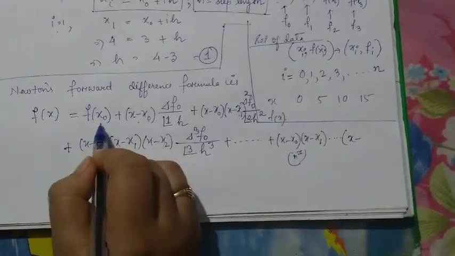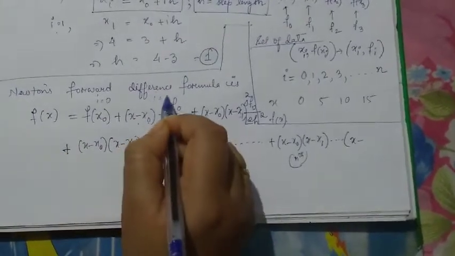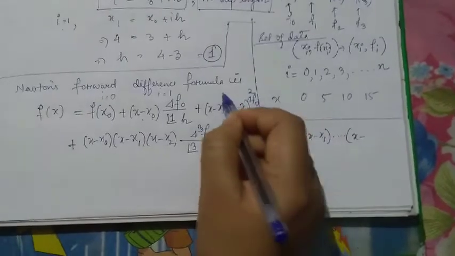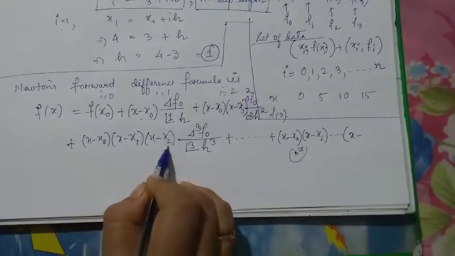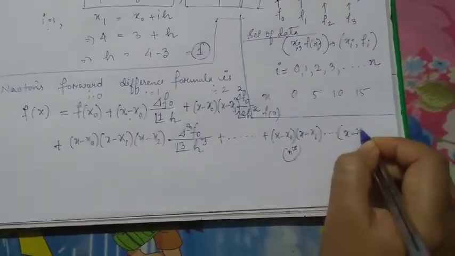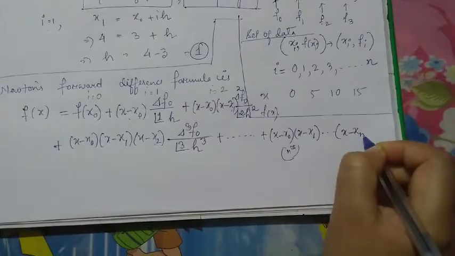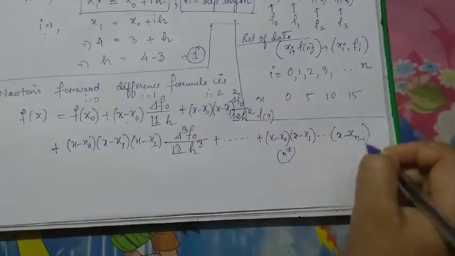This is for i equal to 0, this for i equal to 1, this for i equal to 2. If it is i equal to n, it will be x minus x(n minus 1). I hope you can understand.